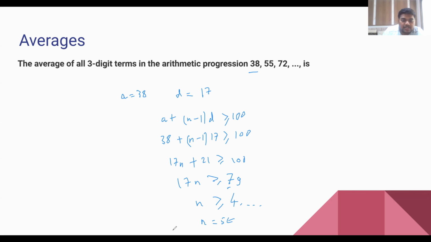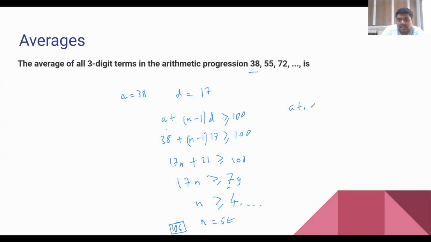This will be 38 plus 17 fours are 68, which is 106.